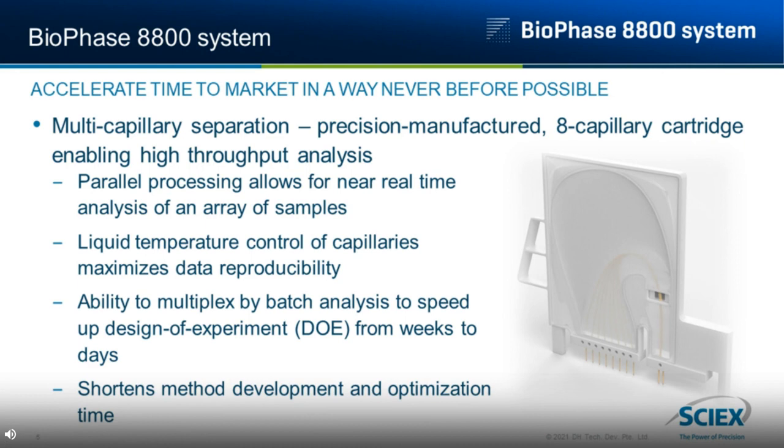It also gives the ability to multiplex by batch analysis to speed up potential design of experiment from weeks to days. It shortens the method development and optimization time and qualification times from months to weeks and days.